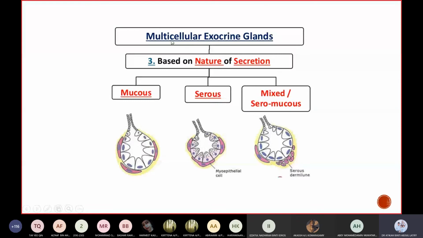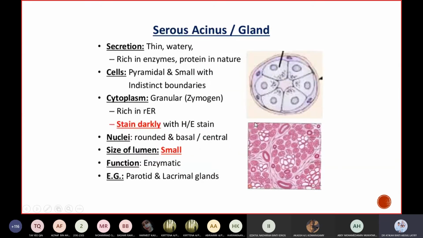Okay, and for the nature of secretion also, sometimes you can classify them into what they secrete. So you have mucus exocrine glands, you have serous exocrine glands, and sometimes it's mixed, or serous and mucus. For example, your submandibular gland is a mixed gland where it produces both serous and mucus secretion.